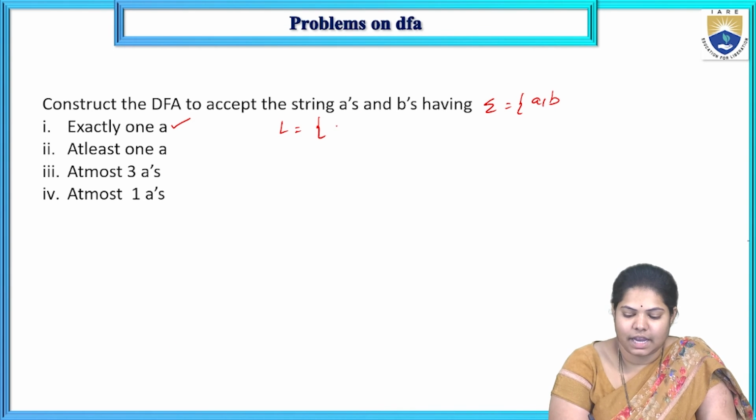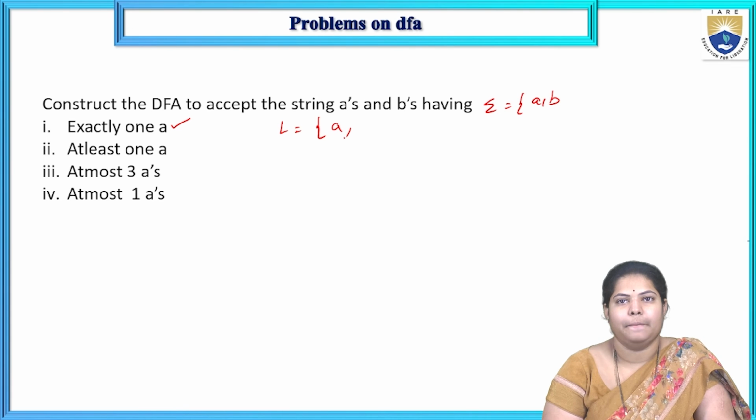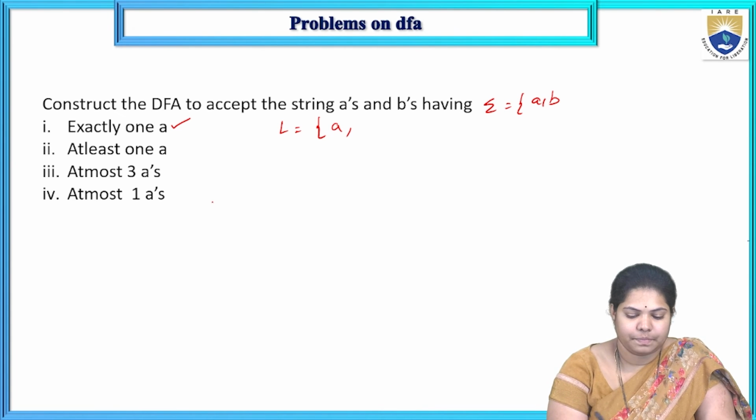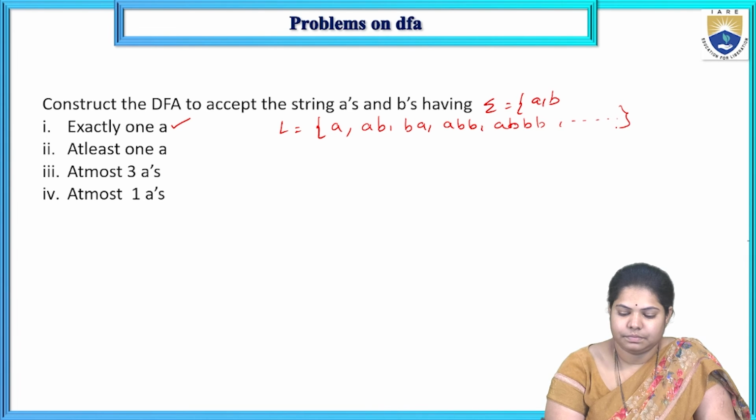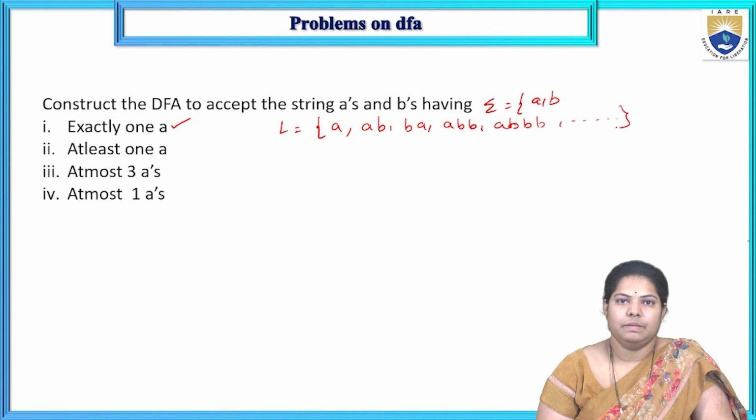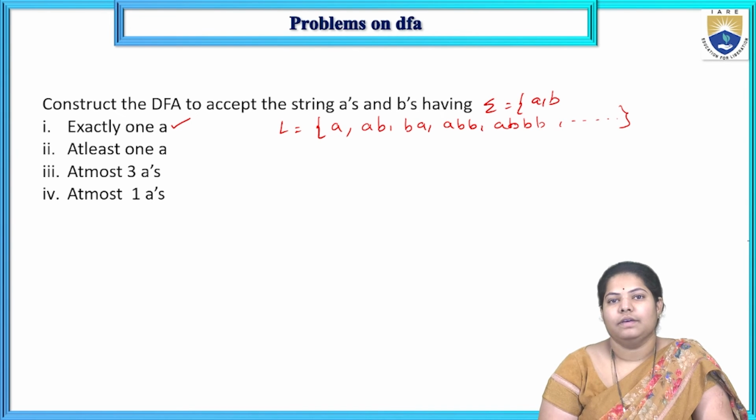Exactly 1 A means the language only accepts A, AB, BA, ABB, ABBB, and so on. That means that particular finite automata contains only one A.